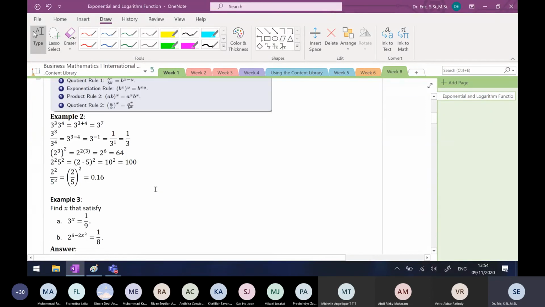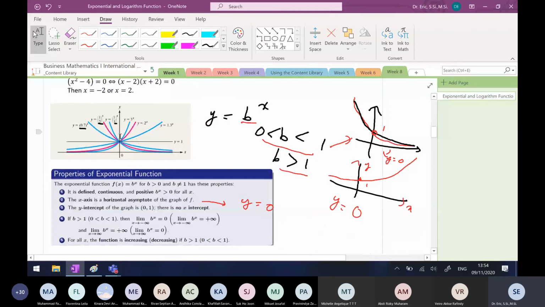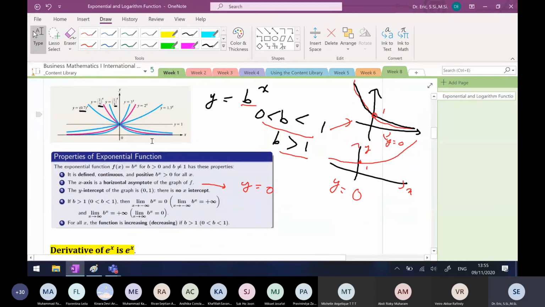You can look at this, and this is the graph. Don't forget, the graph is different when b is from 0 to 1 and when b is greater than 1. We don't talk about when b equals 1, because this is just a constant.